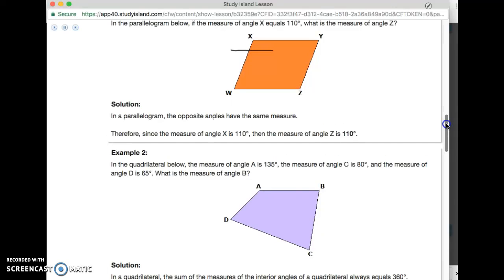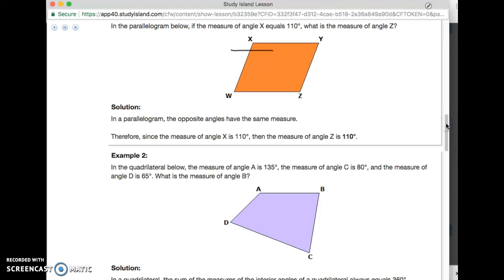In example 2, they tell us in this quadrilateral, the measure of angle A is 135, and C is 80, and the measure of angle D is 65. What is the measure of angle B?